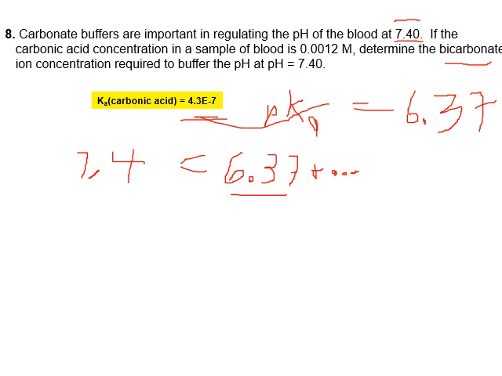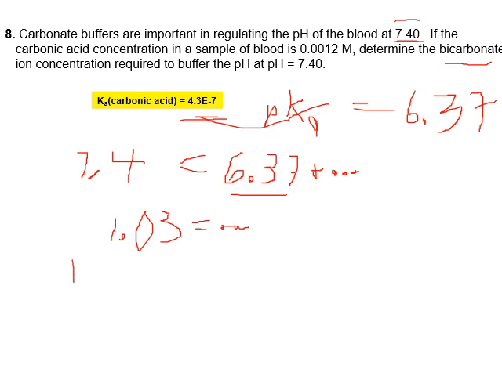It's going to be about 1.03 or something like that, right? And that's going to equal the log of the base over the acid. Raise both sides to 10 to the power.